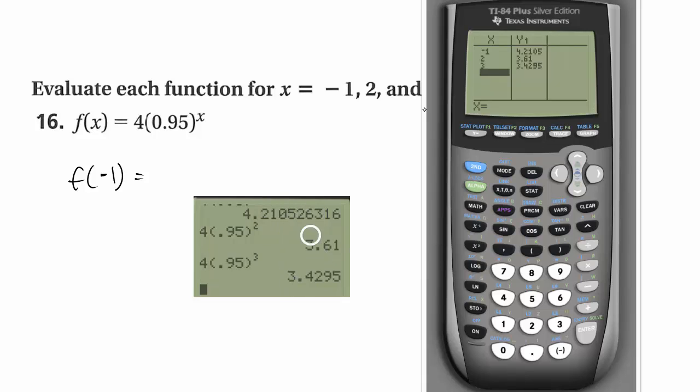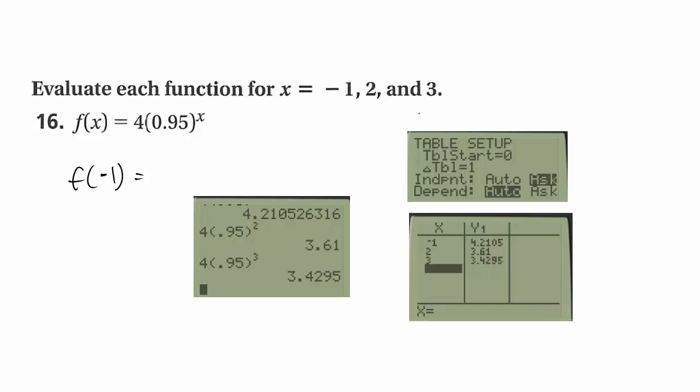And we're using these values as sort of like a precursor to figure out how to graph these things. Because if you can find the y value at any given x value, you can sketch what those graphs are going to look like. And just as a little key in case you want to set your table up to do that, if you hit second and you hit the window key and you set your table up this way, that allows you to customize and put in only the x values that you want to put in there.